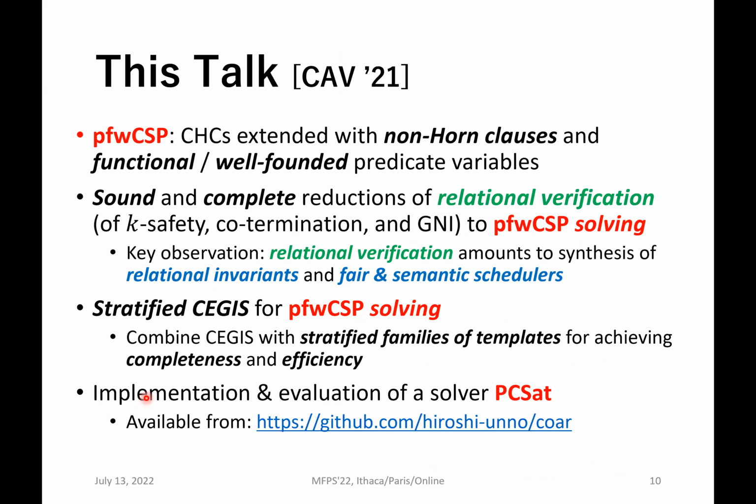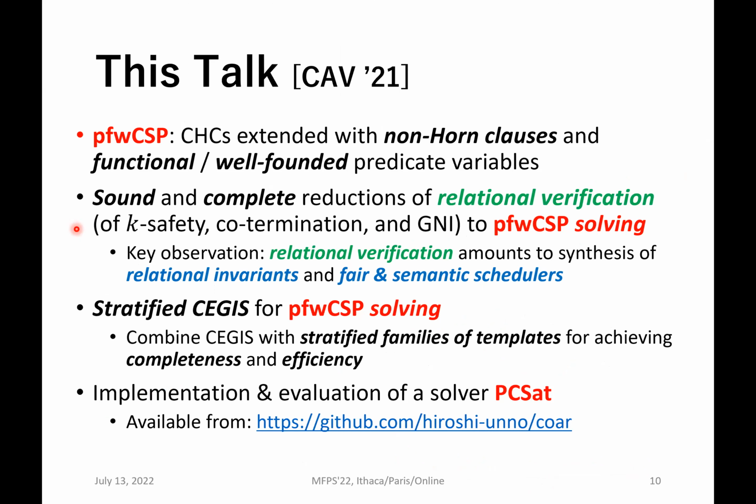Okay, in this talk, we are going to extend the class of CSCs with non-Horn clauses and functional and well-founded predicate variables. We call the class pfwCSP, which will be used to encode relational verification problems.